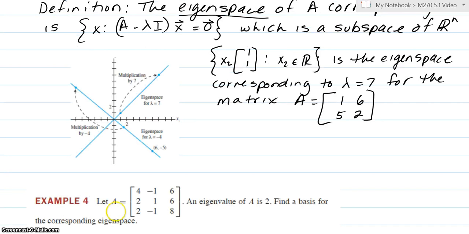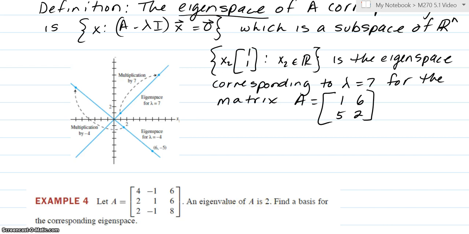The last thing I would like to do is look at example 4, an example of a 3 by 3 matrix and what the eigenspace looks like. So here they ask to find a basis for the corresponding eigenspace, and they give you that the eigenvalue is 2.